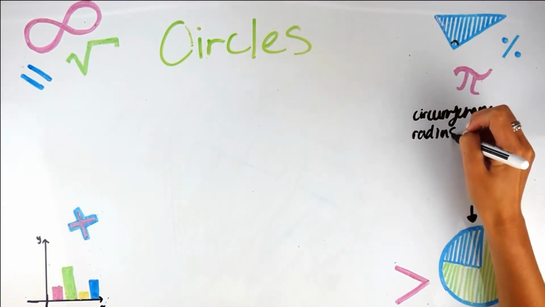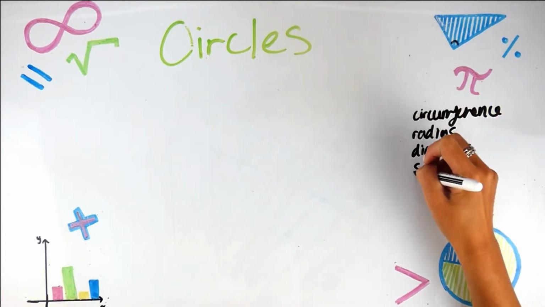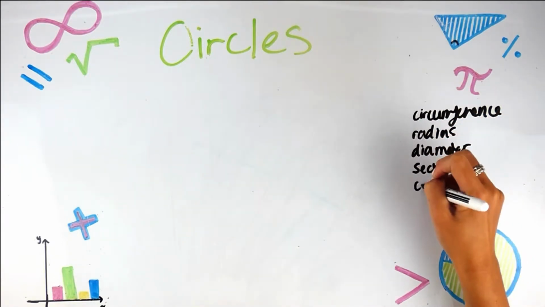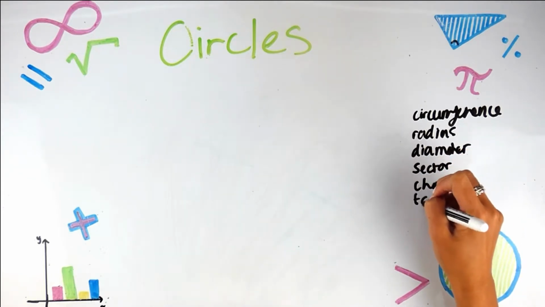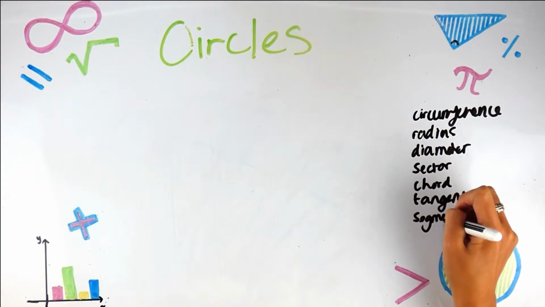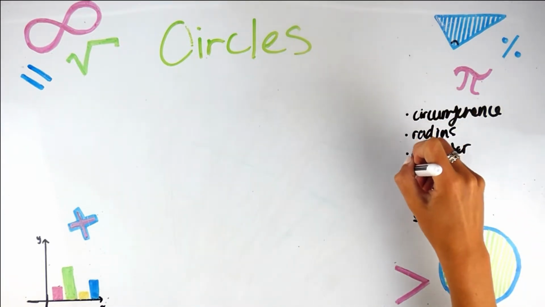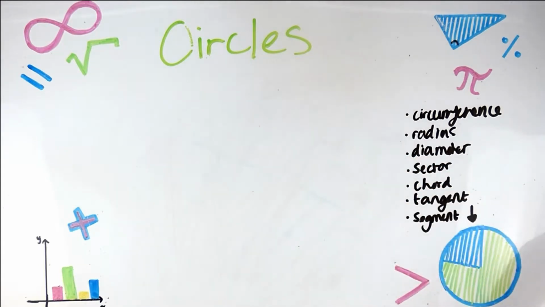You need to know all these parts of a circle. Diameter, sector, chord, tangent, and segment. I think they're the ones you need to be able to recognise. May have missed one. Anyway, let's go on to area.